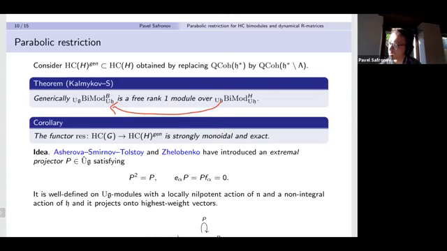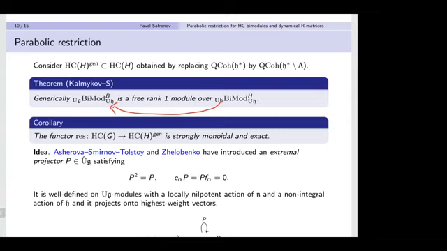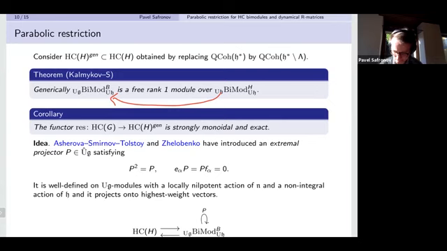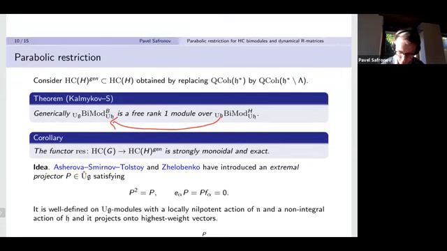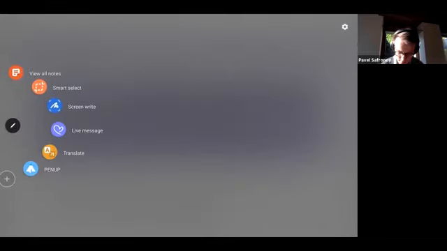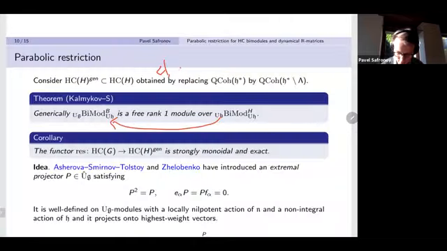Right. You're right. Thanks. Okay. Right. Yeah. So the condition is really, as Sam said, the condition is that this is not an integer.